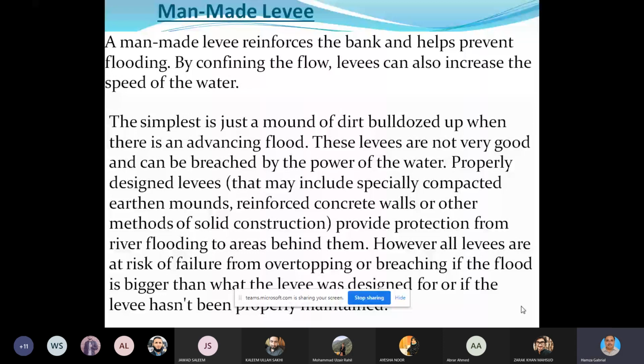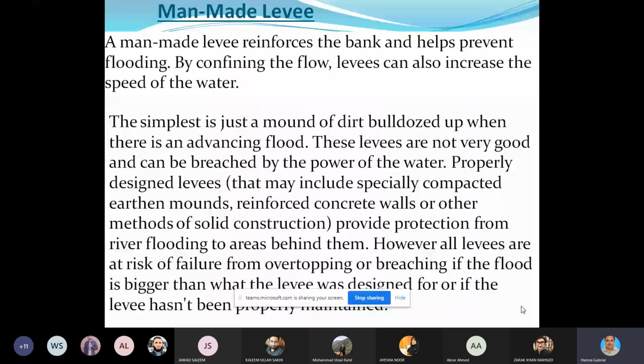But all these levees, which are man-made or artificial, have the risk of failure due to overtopping. If the height of the levees or the embankments is not sufficient, and is less than the highest flood level, then of course it will be overtopped.